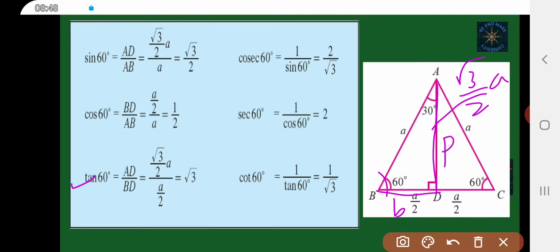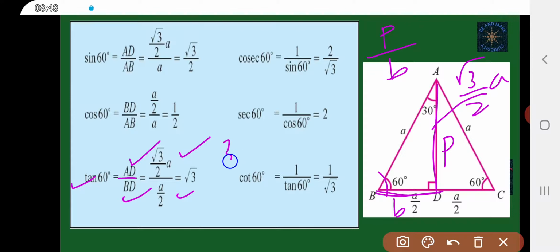Okay, so tan is P by B. So here P is AD, B is BD. So AD is your root 3 by 2A, and BD is your A by 2.